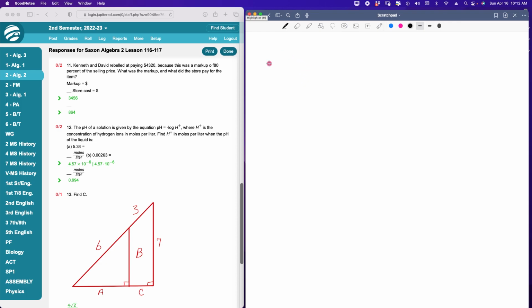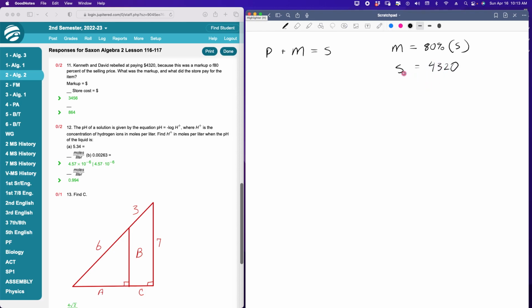Kenneth and David rebelled at paying $43.20 because this was a markup of 80% of the selling price. So we know the purchase price plus the markup is equal to the selling price. And we know in this case that the markup is equal to 80% of the selling price. And the selling price was $43.20.